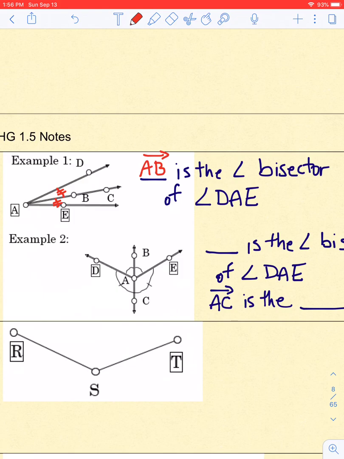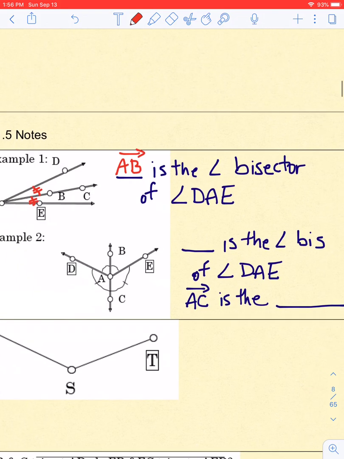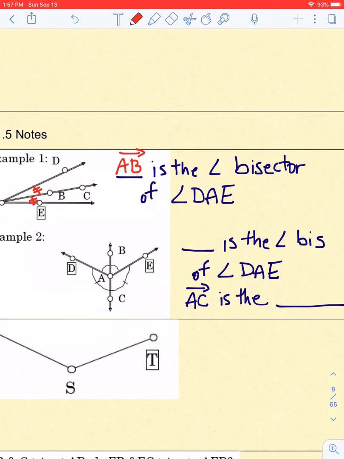Example 2. Angle DAE. So here's an angle, and you could say in this case that AB is the angle bisector of DAE.